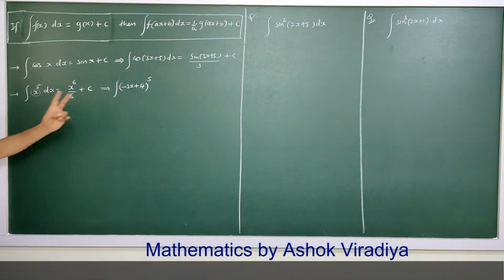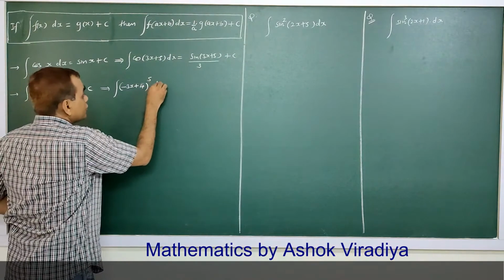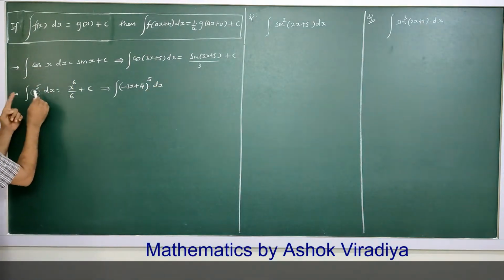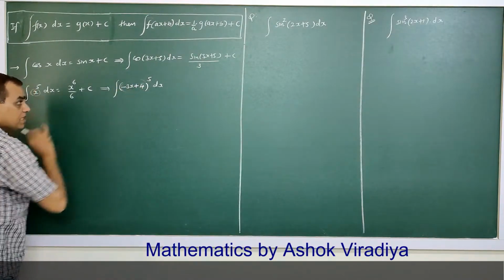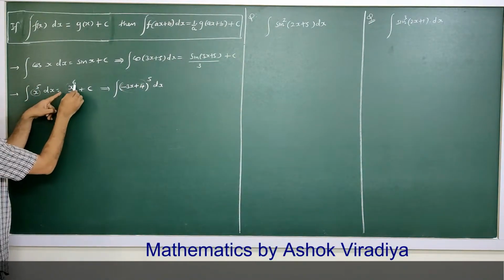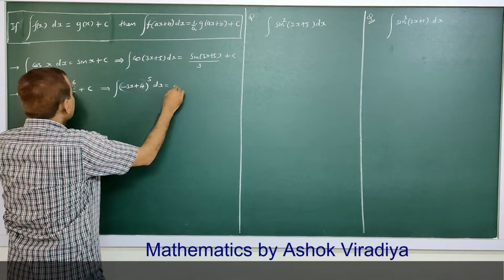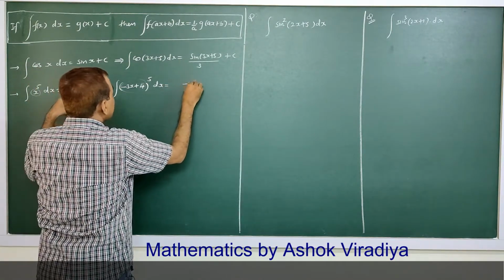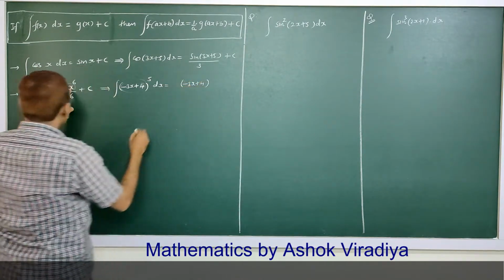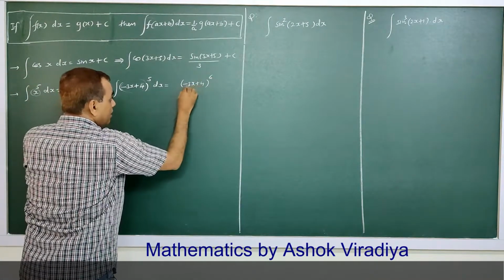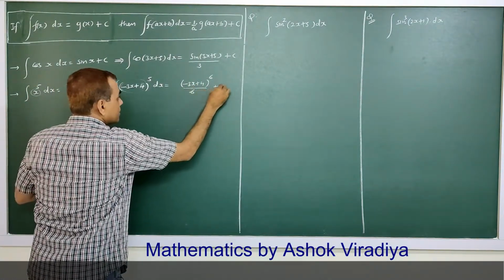I want to integrate minus 3x plus 4 raised to 5. So look here, x is replaced by ax plus b. So I keep here minus 3x plus 4 raised to 6 upon 6 plus c.